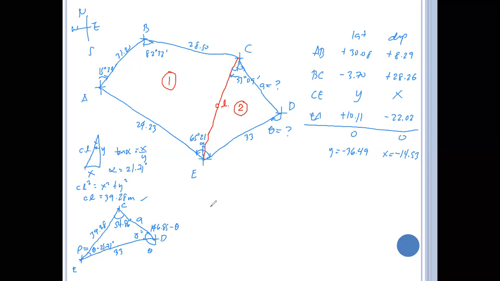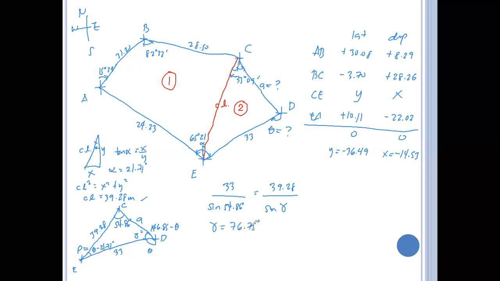Okay, so by considering this second area, using sine law, we can determine here the A and theta. So given two sides and angle equivalent to 39.28 over sine of this angle. Okay, so just isolate the gamma. This will give us 76.75.